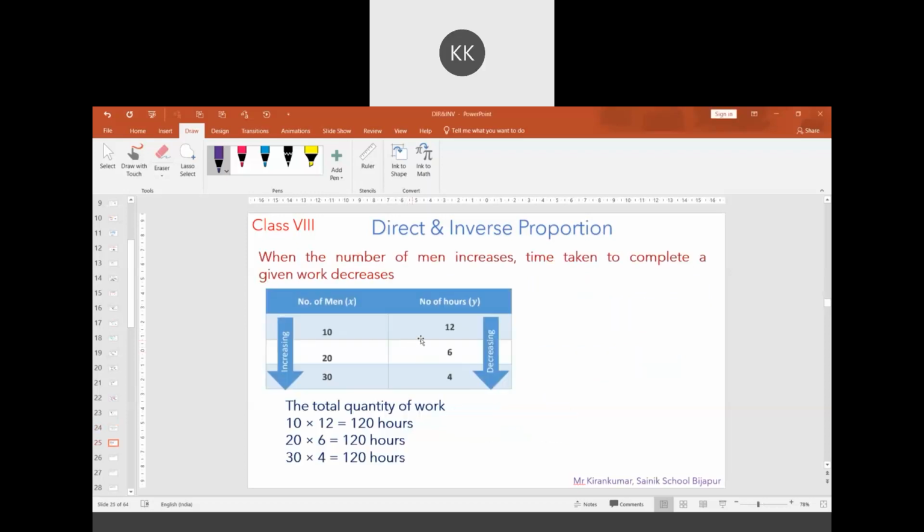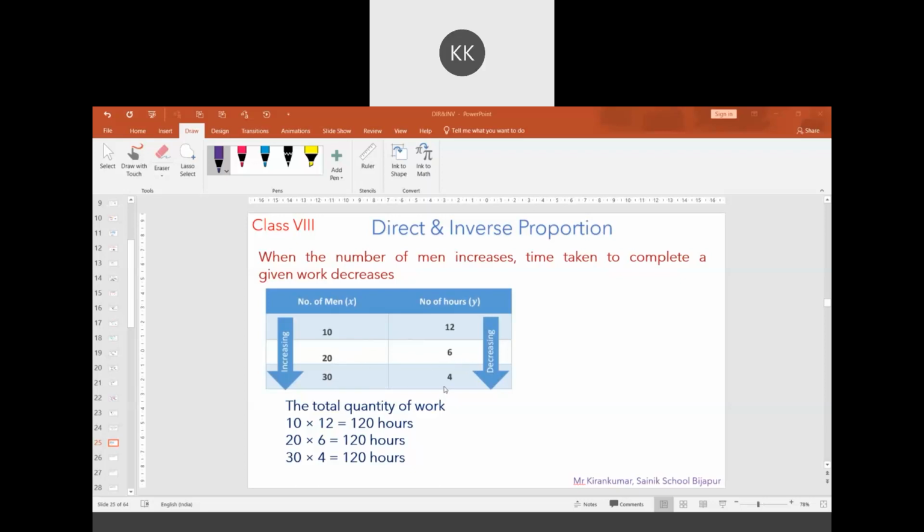To understand the meaning of inverse proportion, here I have given you an example, the number of men and the number of hours. The more the number of men, the time required to complete the same work will decrease. If 10 people take 12 hours to complete the work, and the number of people is increased to 20, the time taken decreases. For 20 men, the number of hours required is 6 hours.